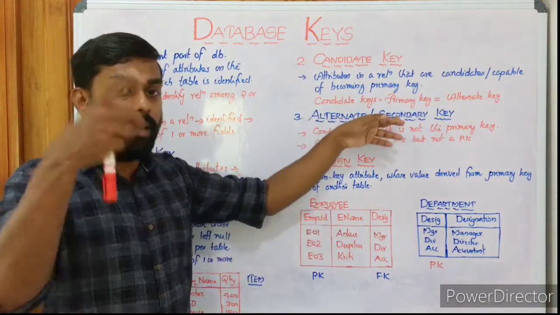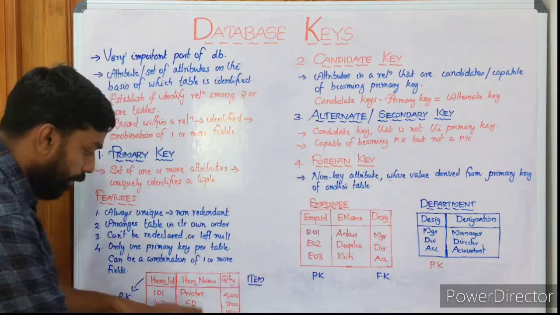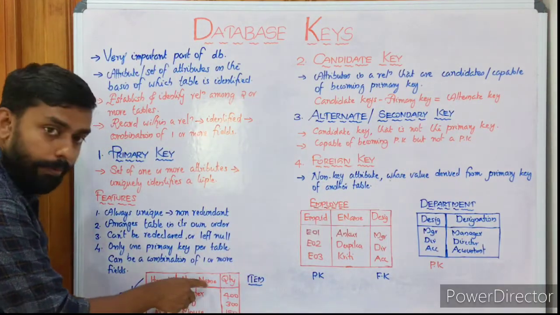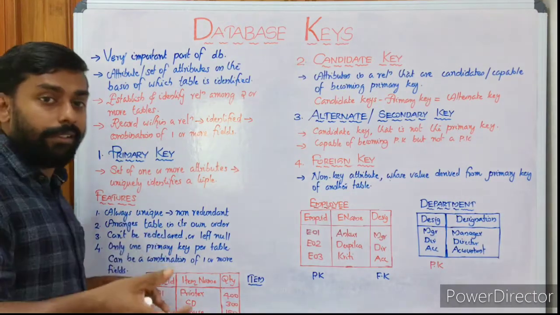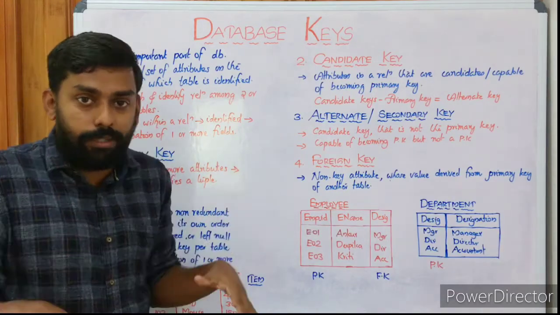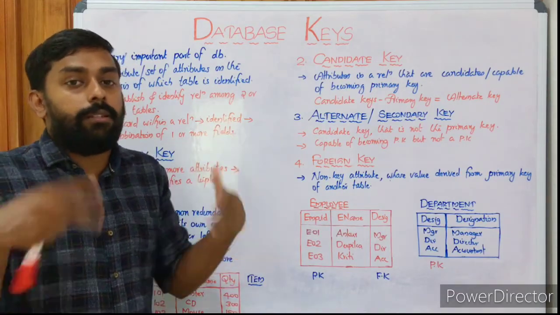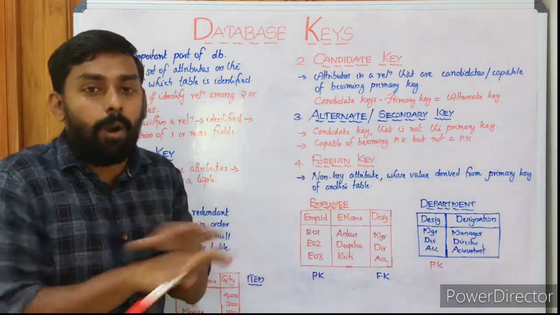The alternate key or secondary key is a candidate key that is not selected as the primary key. Here, item ID and item name are the candidate keys, and item ID is already selected as the primary key. Item name is also a candidate key, but we haven't selected it as the primary key, so that is the alternate key. It is capable of becoming a primary key, but it's not the primary key.